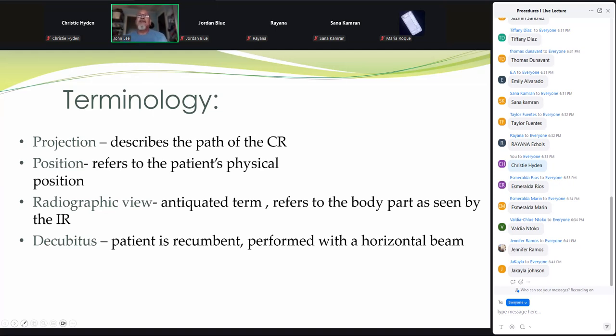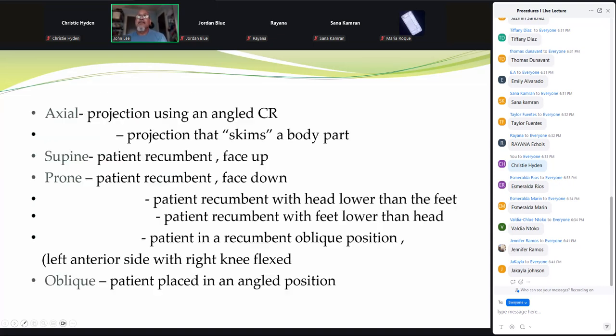The decubitus: patient's recumbent and performed with a horizontal beam. Axials are projections that use an angled CR. Projections that skim a body part are known as tangentials.